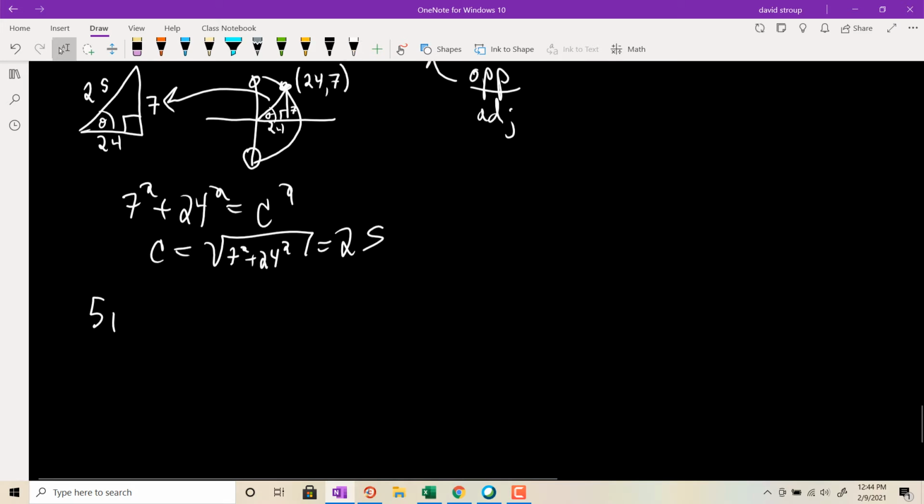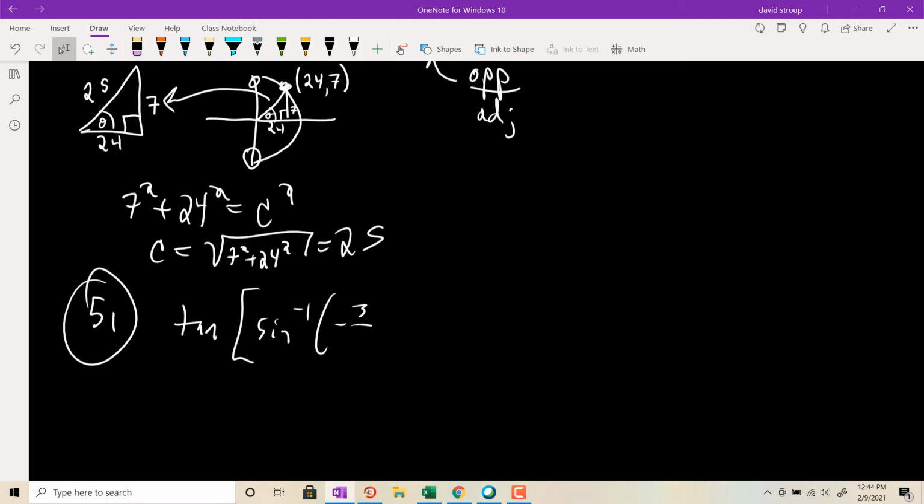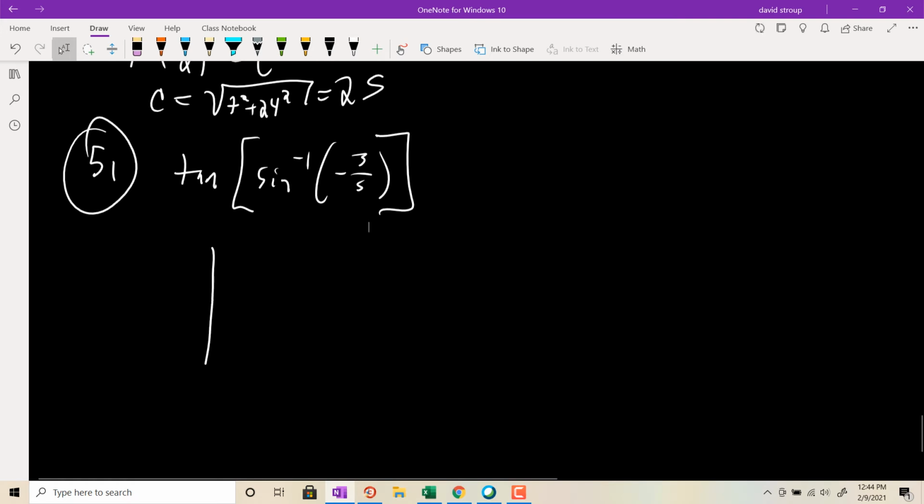So let's try another one. We'll try 2 more. So this is tan of sine inverse of -3/5. So the sine function is from -pi/2 to pi/2.